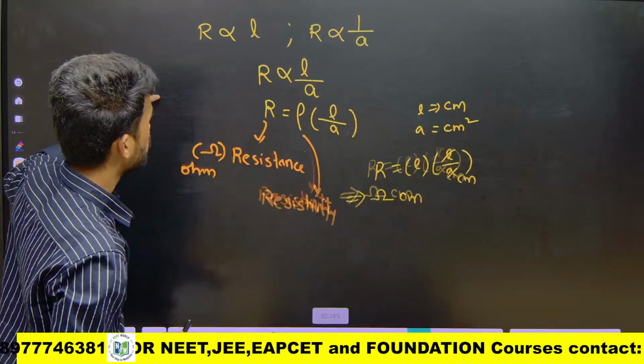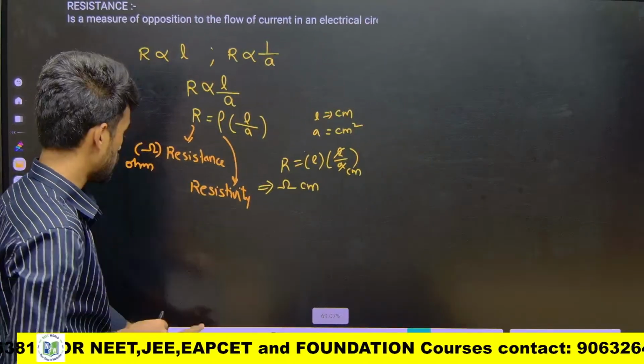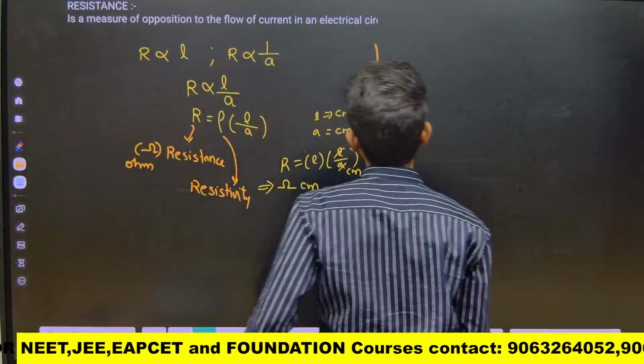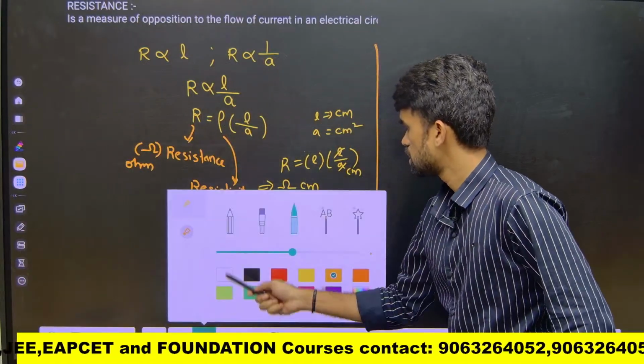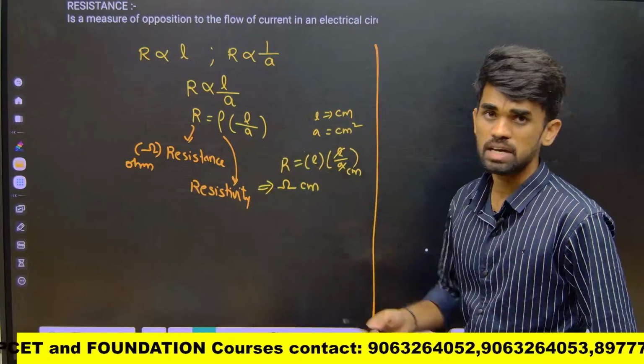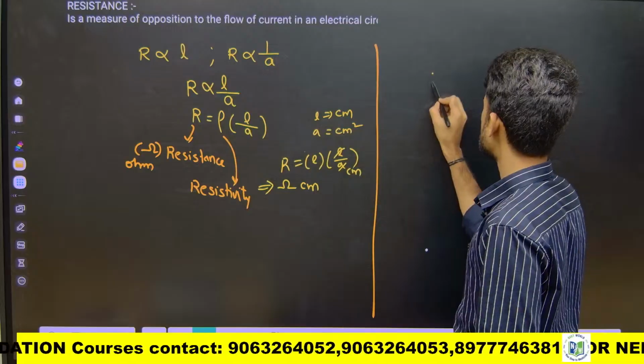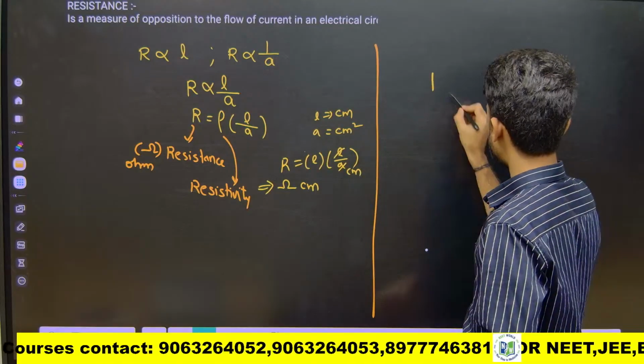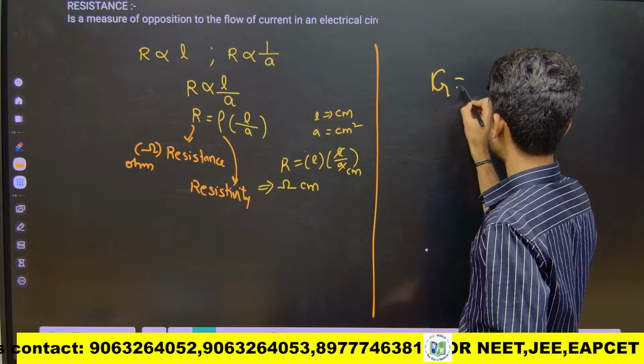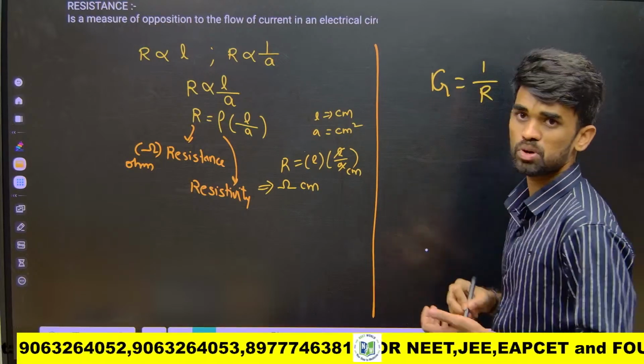Now we need to talk more about conductance. Conductance is the inverse of resistance, so wherever we have R, I write it as G. G, conductance, is nothing but the reciprocal of resistance.